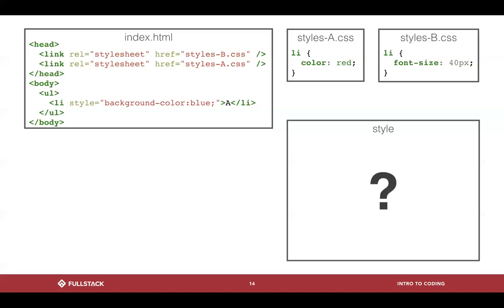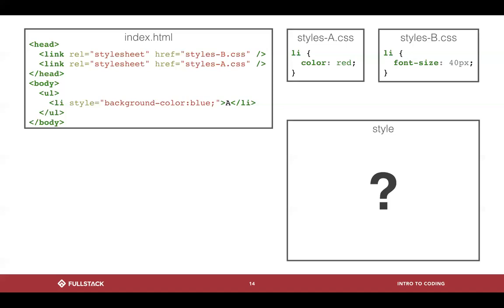So if we look between these two boxes to the right here, styles-a.css and styles-b.css, we can see that styles-a has a rule for a list item. It makes any list item color red. Great. Well, style B also has a rule for the list item, and it puts the font size at 40 pixels. Oh, shoot.